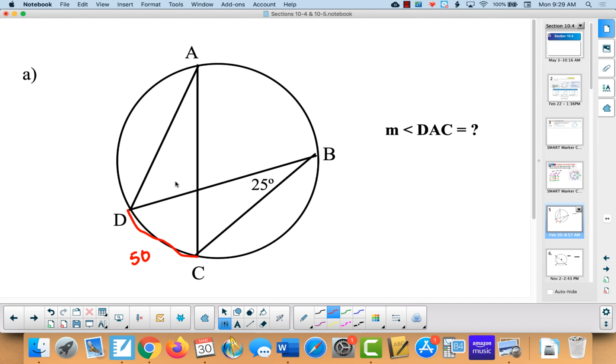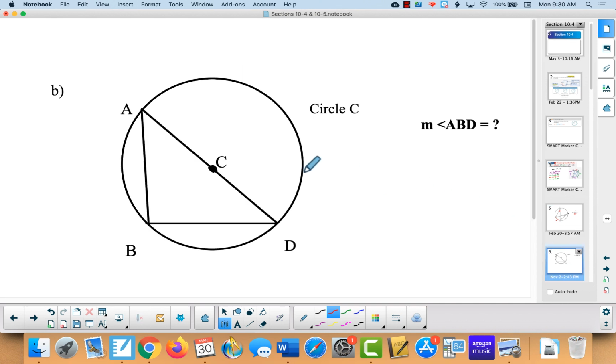And since angle A is also intercepting it, that is 25. So just like in the last example, two inscribed angles that intercept the same arc in the circle are going to be congruent. So you don't need to find the measure of this arc to be able to find the measure of this angle. As long as we know they're intercepting the same arc, we can say that those are congruent to each other.